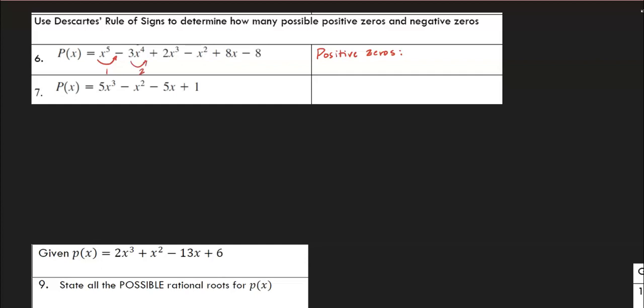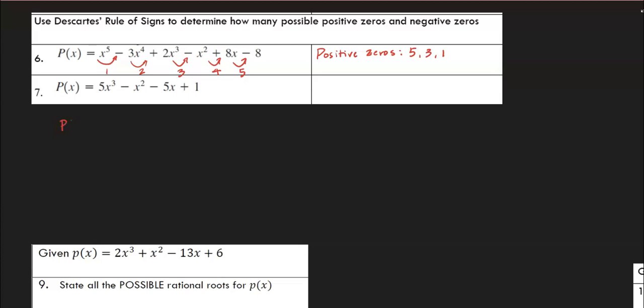We have a sign change here. That's 2. We have a sign change here, that's 3. We have a sign change here, that's 4. We have a sign change here, that's 5. So 5, decrease that by 2. That's going to be a 3. Decrease that by 2, that is going to be a 1. So possible positive zeros are 5, 3, or 1.